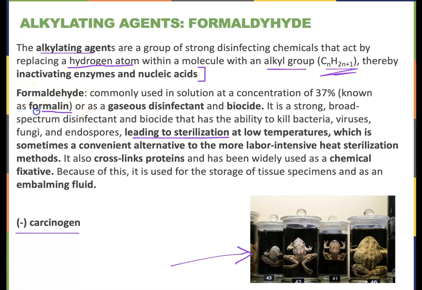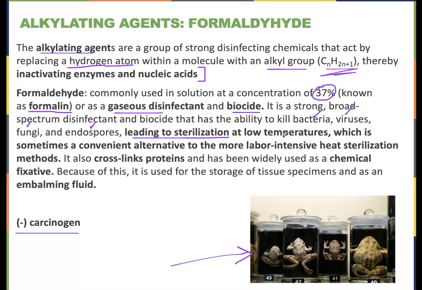Sometimes you'll hear it called formalin when it's at 37% concentration. It can also be a gas, and a biocide, so it kills living things. Very broad spectrum: bacteria, viruses, fungi, endospores. So since we have the word endospore, it can sterilize. And what's nice about it is you don't need heat. It works at low temperatures.